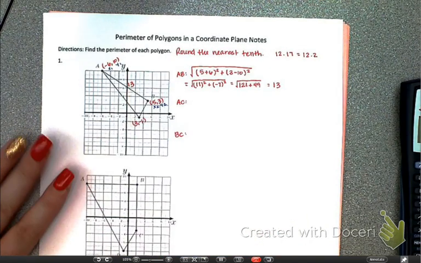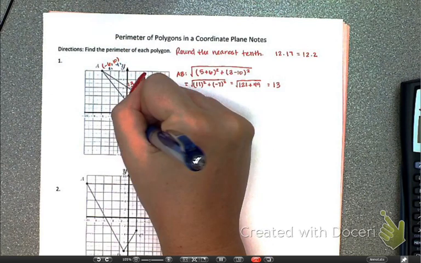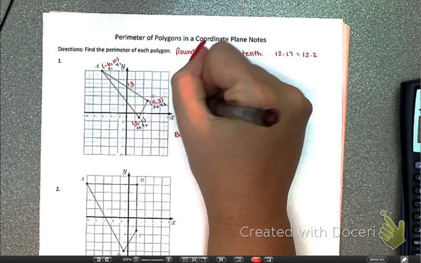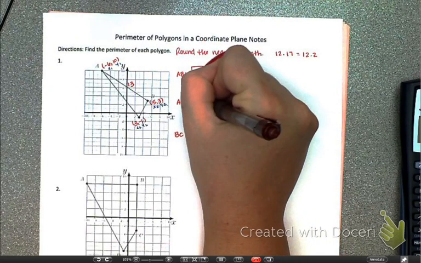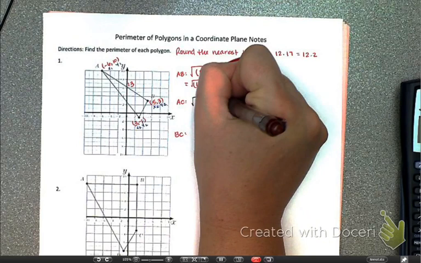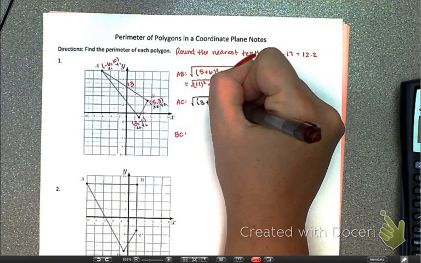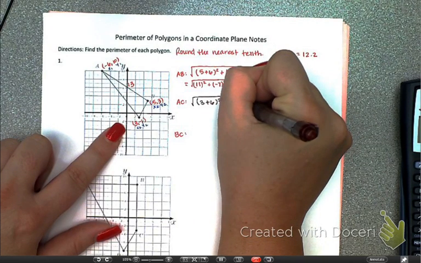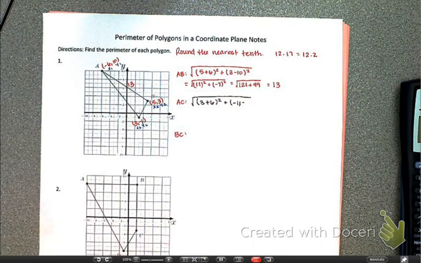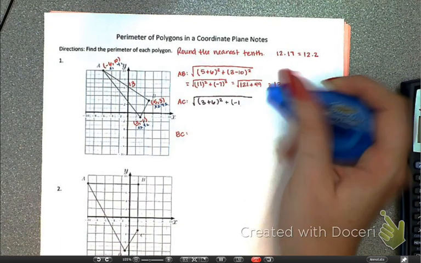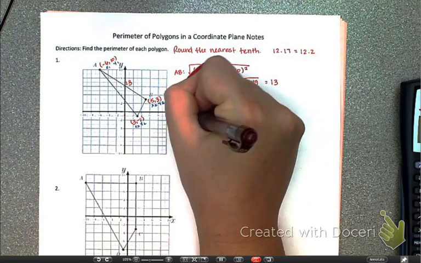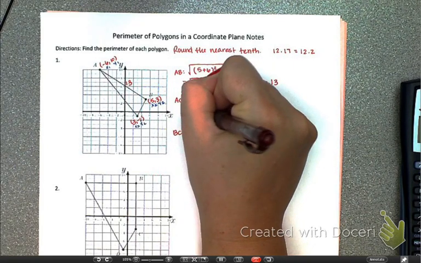Okay, so if I'm finding AC, I have the square root of 3 plus 6 squared plus negative 1, whoops, hold on, negative 1 minus 10 squared. 3 plus 6 gives me 9 squared.